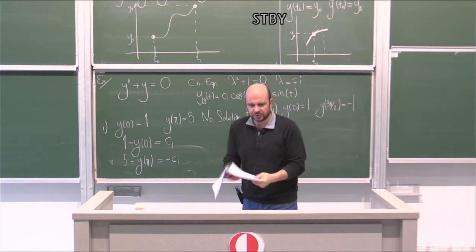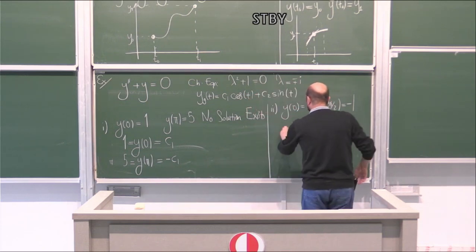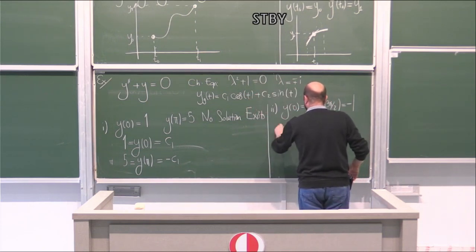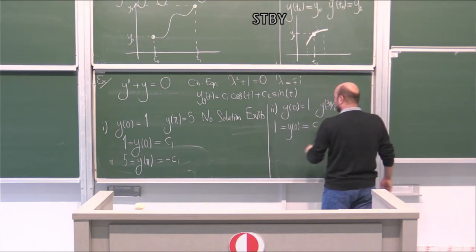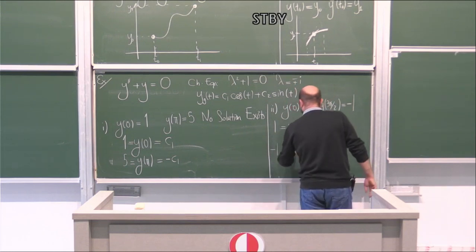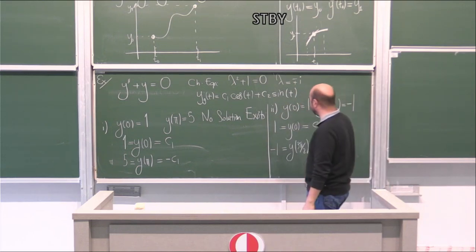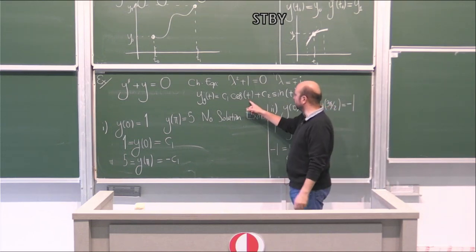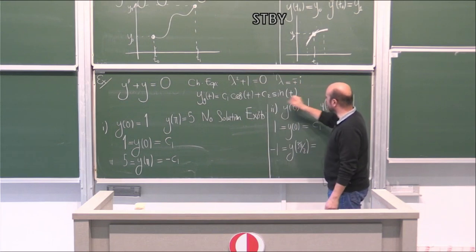This time, if you plug in y(0) equal to 1, same, so we get C1 equals 1. Then y of 3 pi over 2: if you plug in 3 pi over 2, cosine 3 pi over 2 is 0, and sine 3 pi over 2 is minus 1.